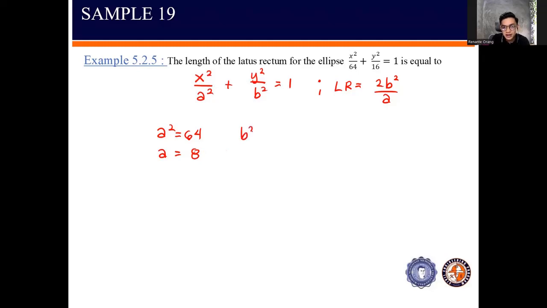Then, yung b squared natin is equivalent to 16, which is yung square root naman ng 16 natin is 4. So, therefore, substitute lang natin sa formula ng latus rectum natin, class, which is 2 multiplied by 4 squared divided by a po natin is 8.